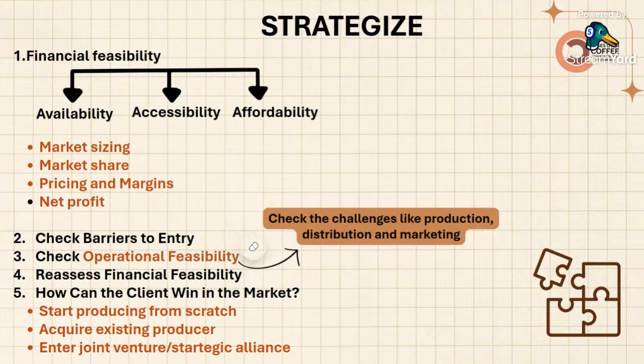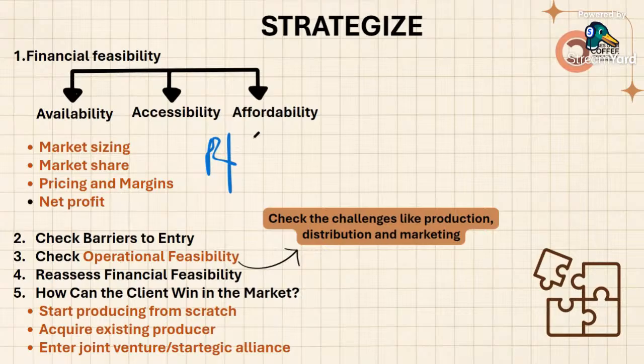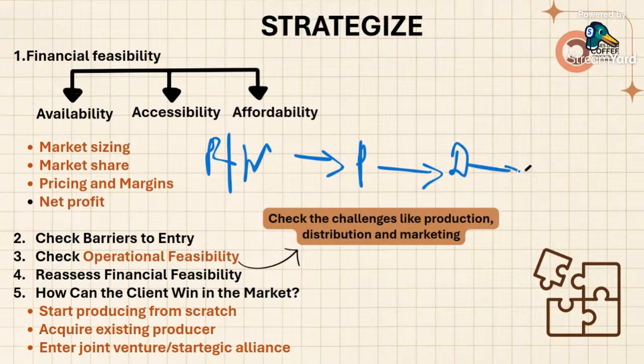Once we are done with that, we check for the operational feasibility of the things that I've mentioned: the raw material, the production, then the distribution, and then the customer.